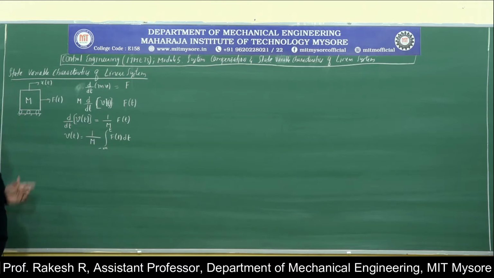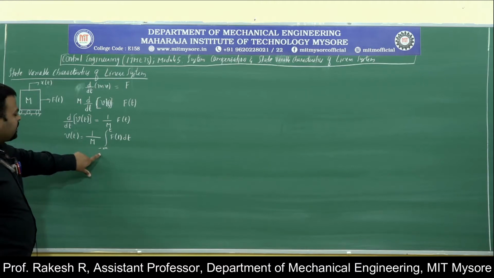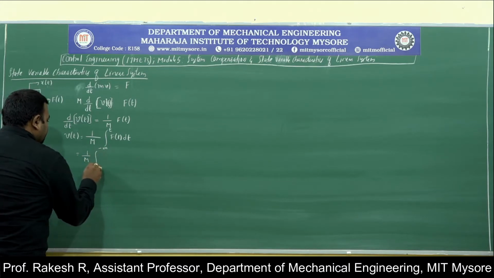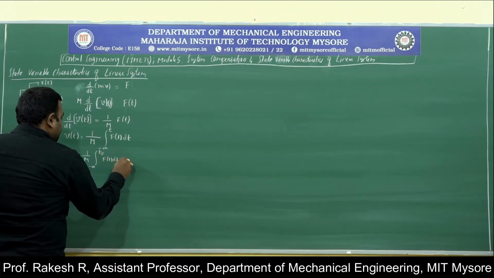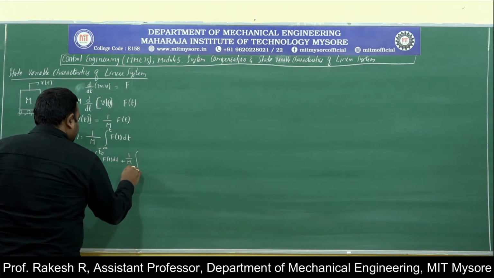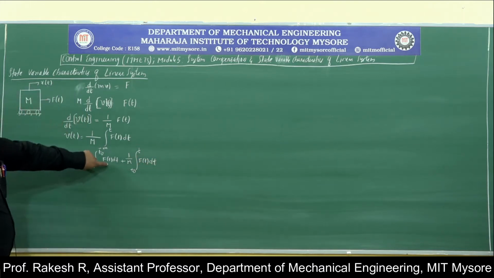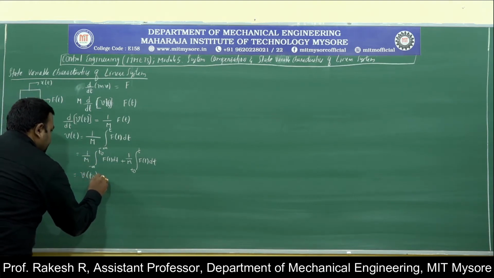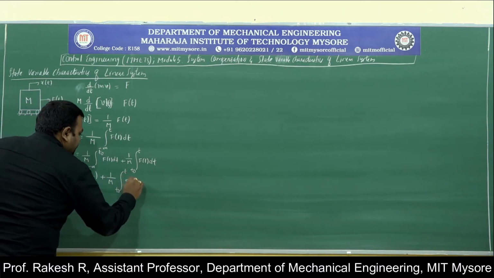Then the velocity can be represented in terms of the initial condition. Instead of going from minus infinity to t, I will split the integral: 1 by m integral of minus infinity to t naught f of t dt, plus 1 by m integral of t naught to t f of t dt. The first term will be represented as the initial condition v of t naught, plus 1 by m integral of t naught to t f of t dt.